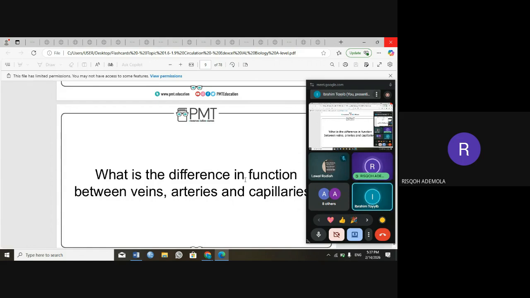Veins are usually at lower pressure, and the valves prevent backflow. In capillaries, they are the site of exchange of oxygen, nutrients, carbon dioxide, and some waste between the blood and the body cells. Very good. So the artery delivers, the capillaries exchange, and the veins return. That's good.